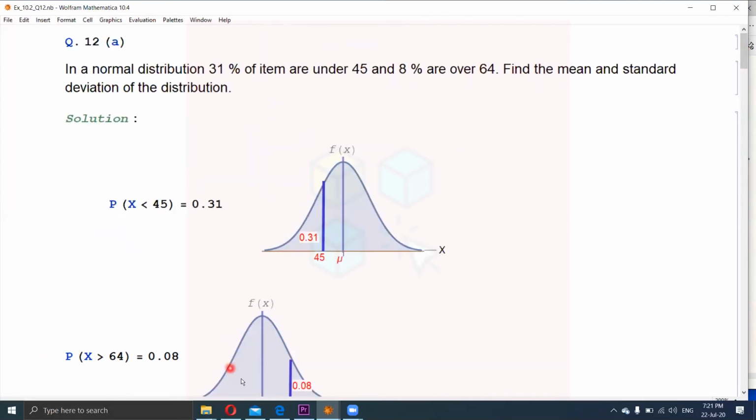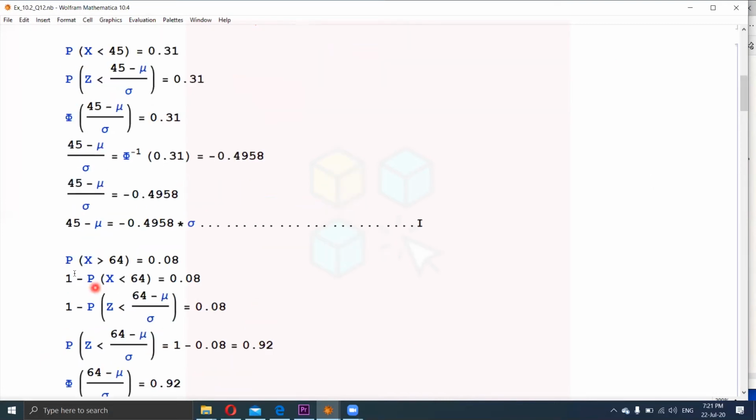Now using the second figure and second probability, probability x greater than 64 is equal to 8%, we can write the other equation. So probability x greater than 64 is 0.08. First, we convert x greater than 64 in terms of x less than 64 by subtracting: 1 minus probability x less than 64 is equal to probability x greater than 64, which is 8%.